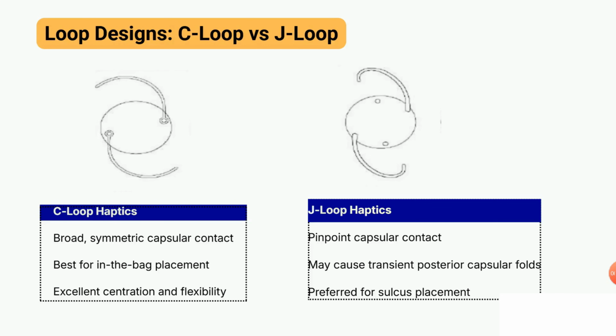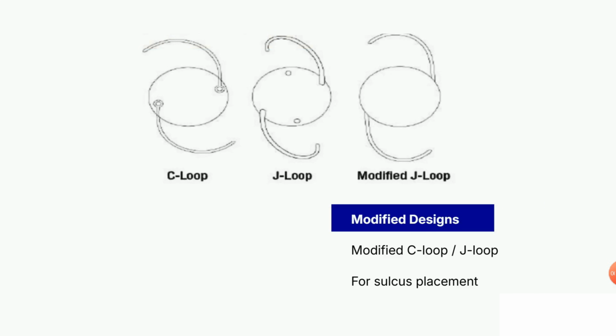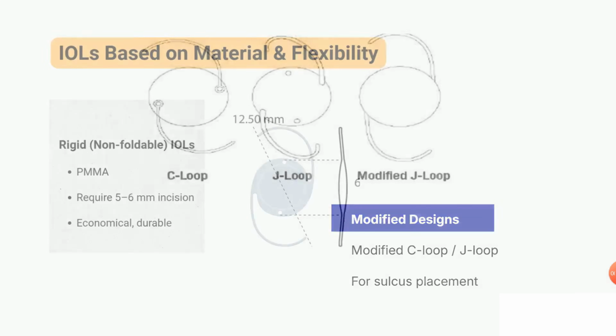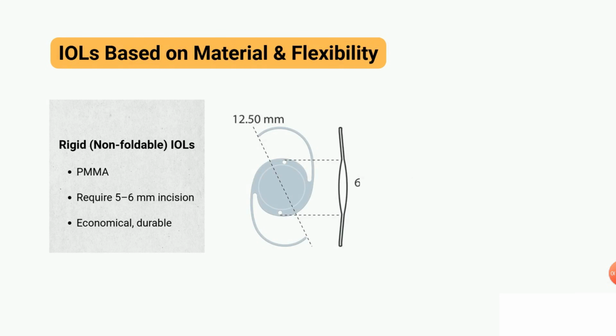Because of their geometry, the J-loop haptics are preferred for sulcus placement, where they minimize iris trauma. There are also modified C-loop and modified J-loop designs often used in 3-piece IOLs, again intended for sulcus fixation.